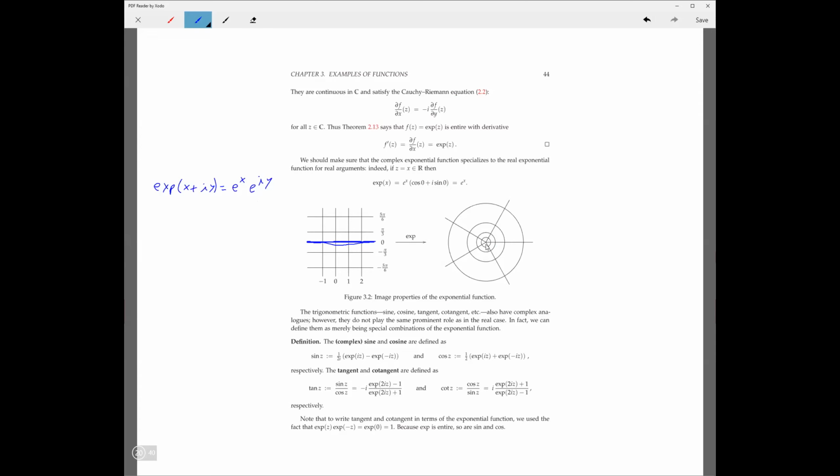Then what you're going to get is this piece right here. As you go back this way towards negative infinity, so as x goes to negative infinity, you're getting closer and closer to 0. This is 0 right here. And as you go this way, it blows up to infinity. So you're just going to keep going out further and further along this ray.